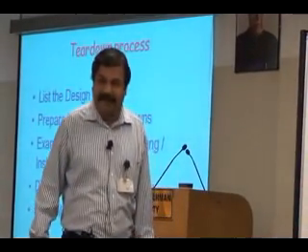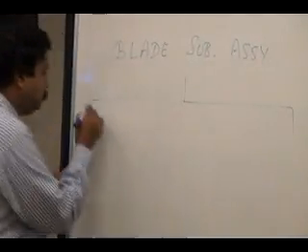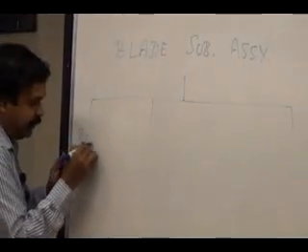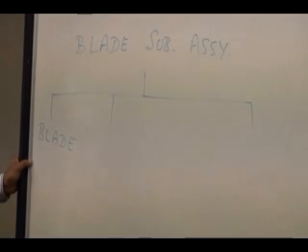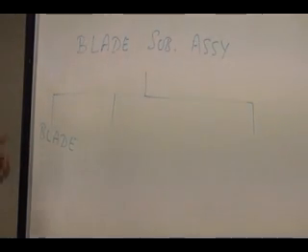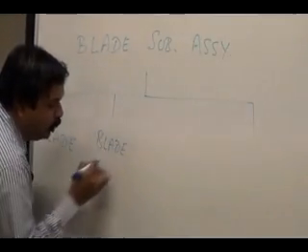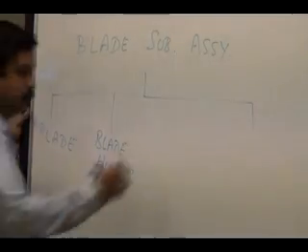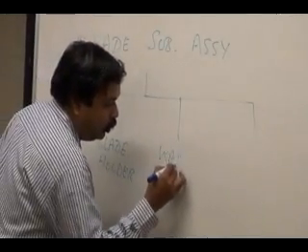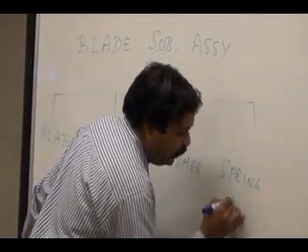The blade sub-assembly consists of the blade, blade holder, washer, spring washer. Please take down, I'll explain what these things are.